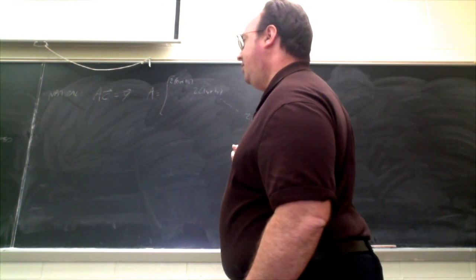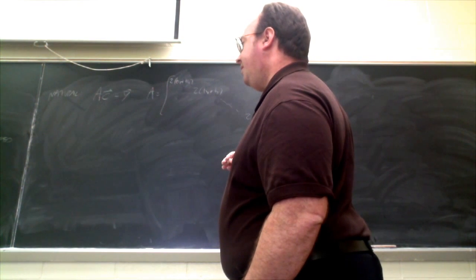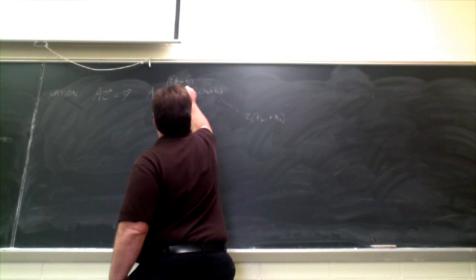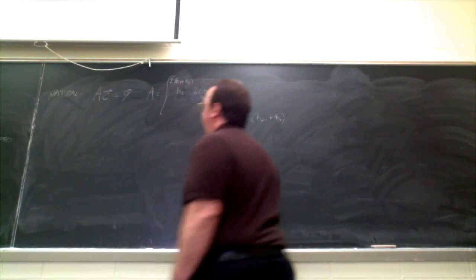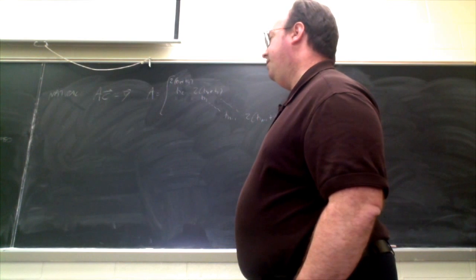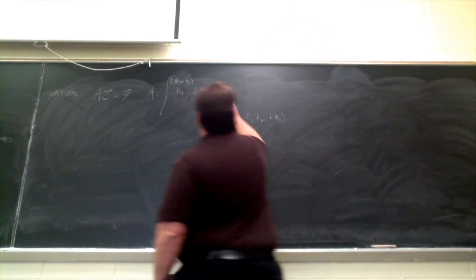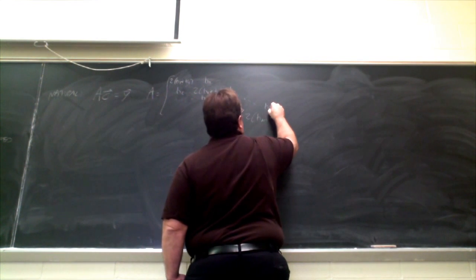And then on the subdiagonal, we have H's: H2, H3 down to H(n-1). And on the super diagonal, we also have H's. In the first row, we're going to have H2, H3 down to Hn.